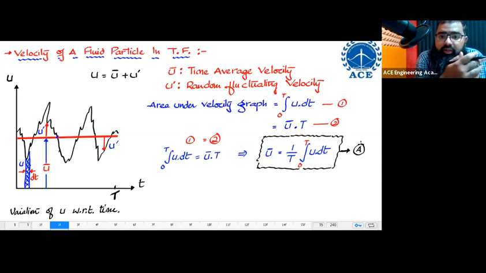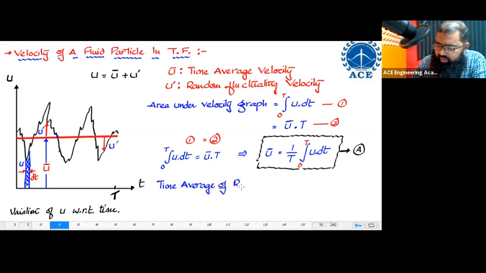So now I try to think of the time average of random fluctuating velocity.